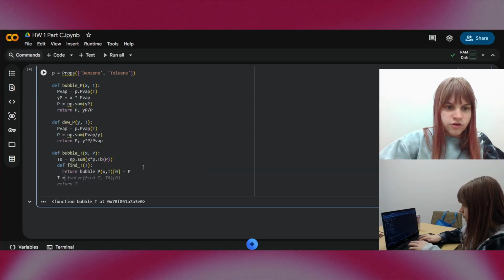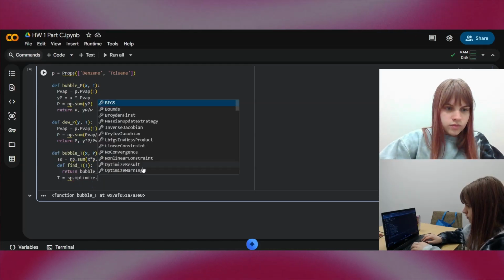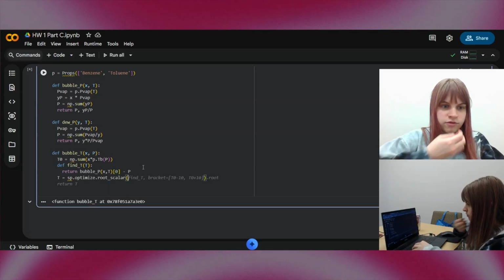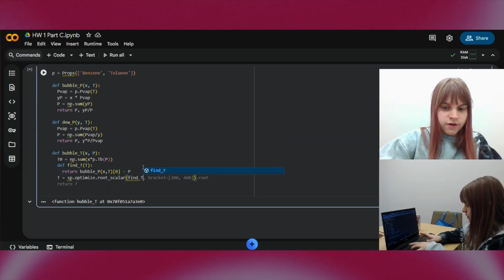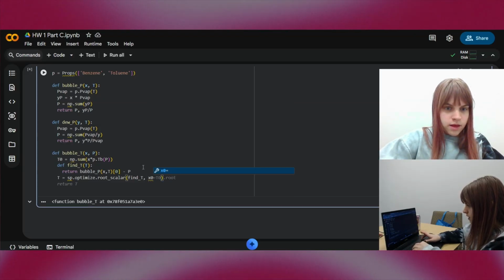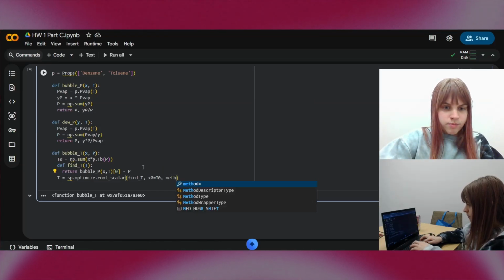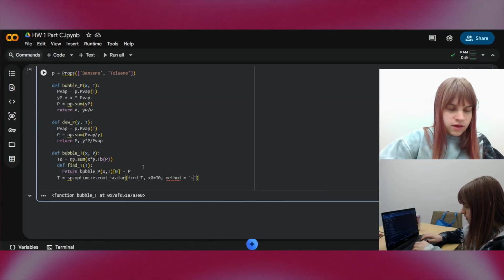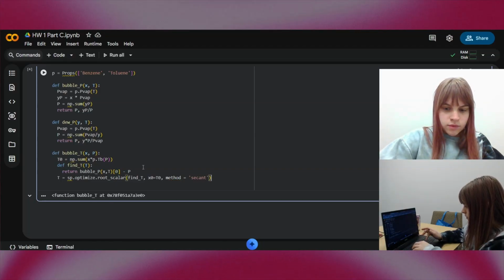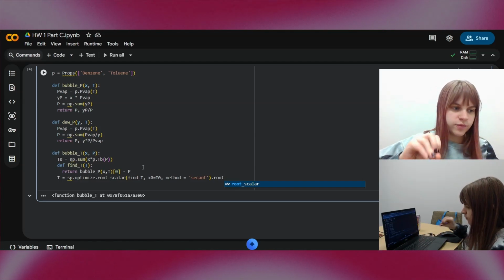So we are going to do an optimization of this find T function at the first guess. Our method is going to be secant. We want the root of that, so that gives us the answer.